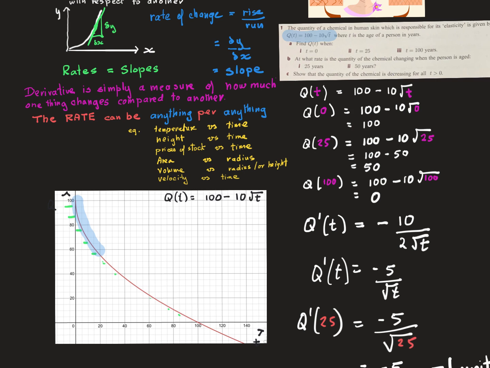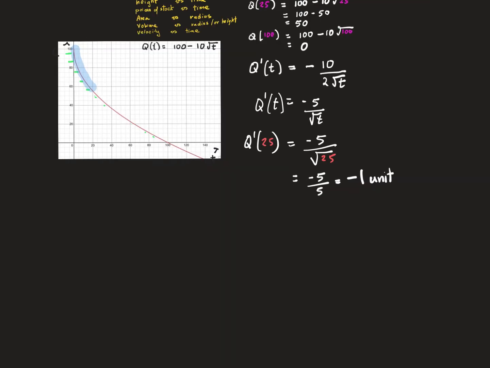We'll just call them units in terms of chemical change. And this translates to saying that the quantity of chemical is decreasing by 1 unit per year.